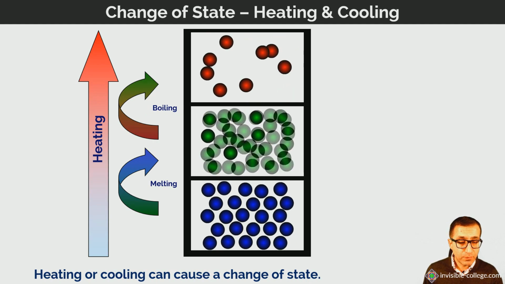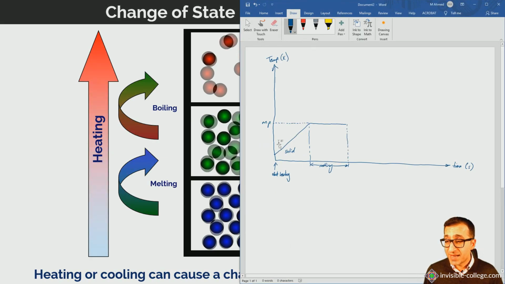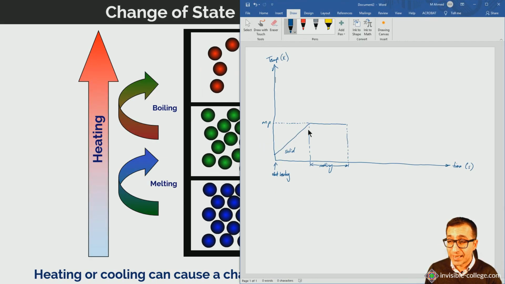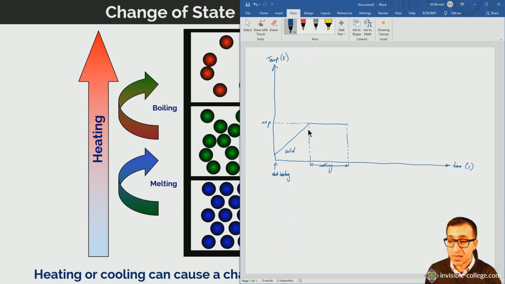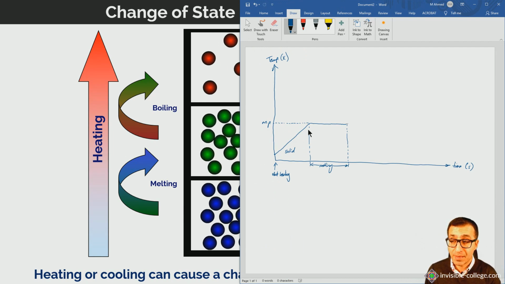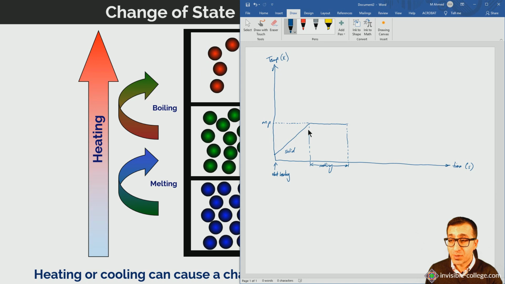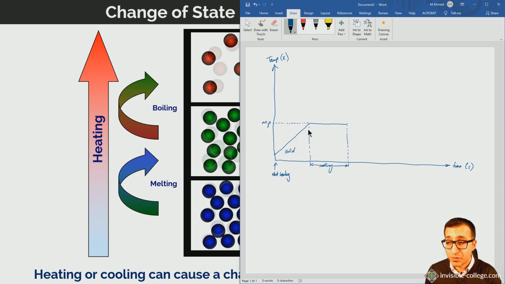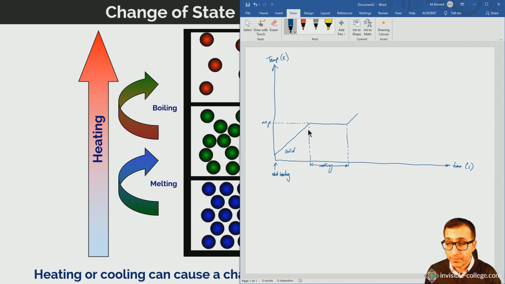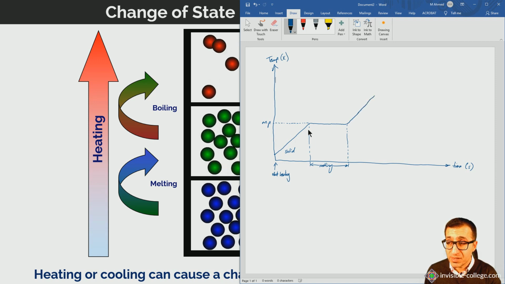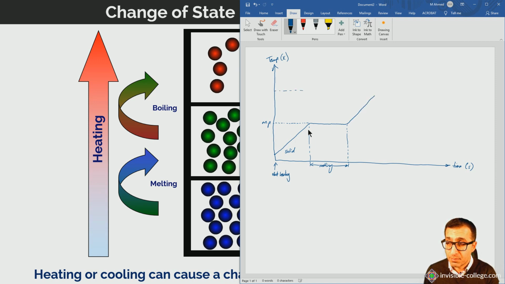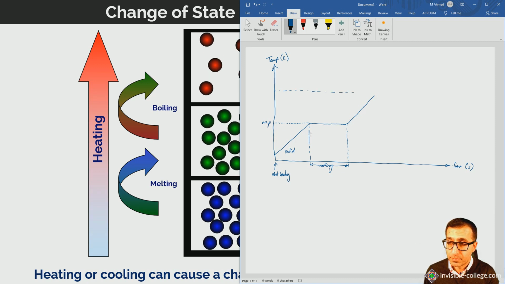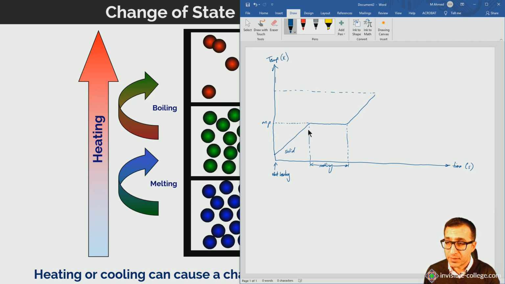Now, if we look at our diagram here, we've now got a liquid. Let's say the whole solid has melted. We now have a liquid. So now that we have a liquid, we continue to heat, and the temperature of the liquid will rise again. But then we're going to eventually hit the boiling point temperature of that liquid.